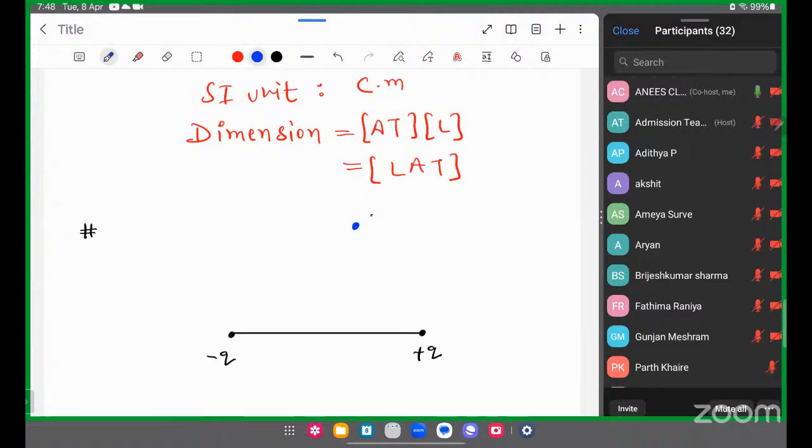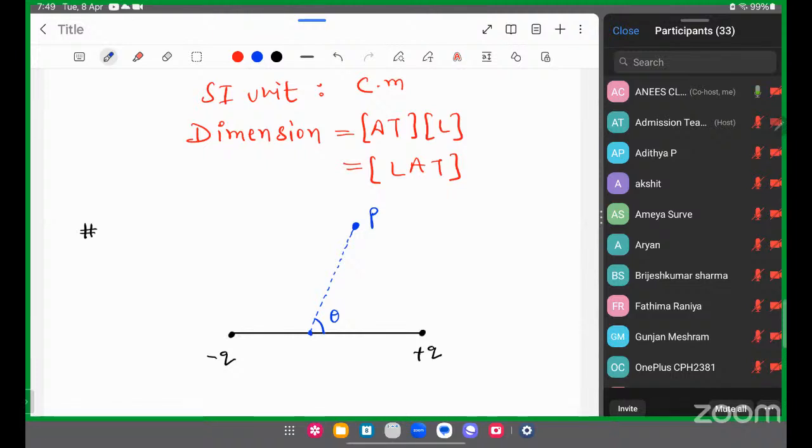Let's say this is point P. This is the midpoint of the dipole. Let's say this angle is theta.